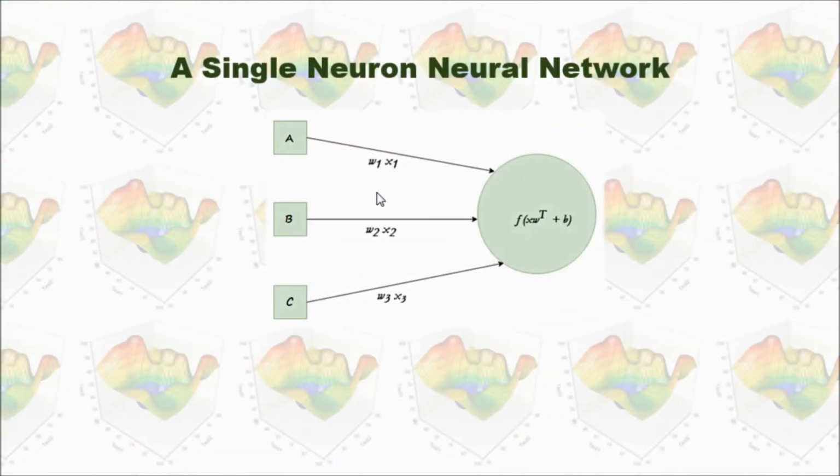In this video, I'm going to show you a very simple single neural network. That is, we have 3 numbers for the inputs, and then based on the weight, we'll calculate our output.